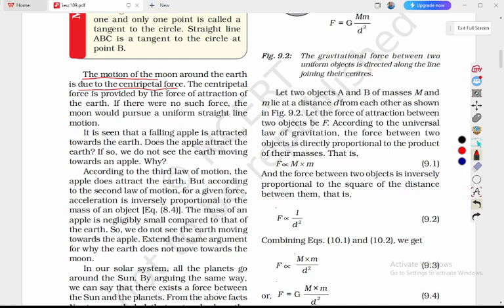The centripetal force is provided by the force of attraction of the earth, right? If there is no such force, the moon would pursue a uniform straight line motion, right?